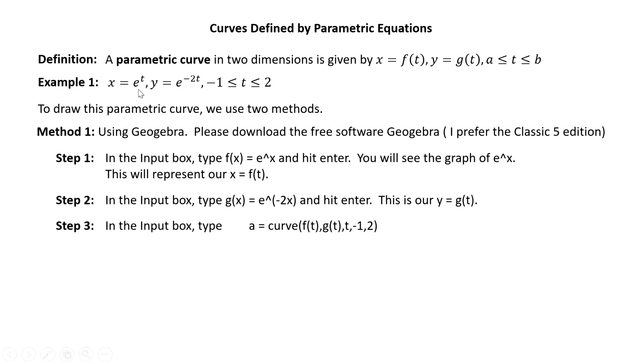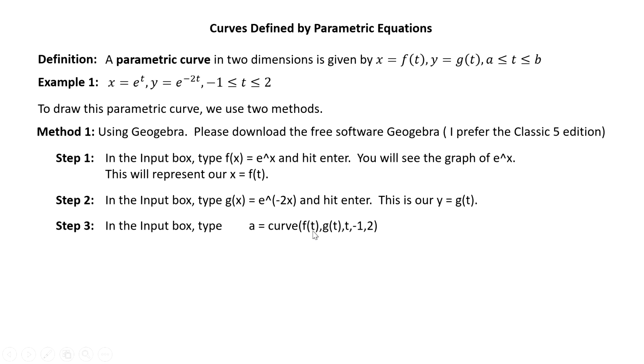Isn't that what our x should be? e to the t? That's the idea. Similarly, g of x being e to the negative 2x means g of t would be e to the negative 2t as desired. And this t represents that our parameter that we are going to use is t.